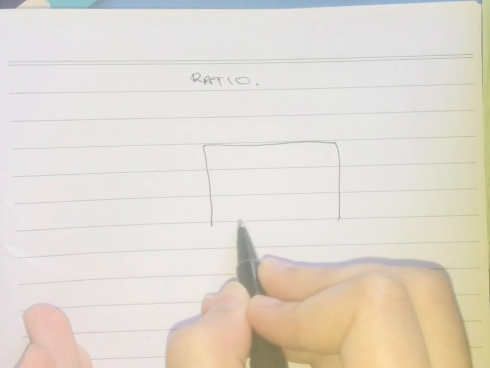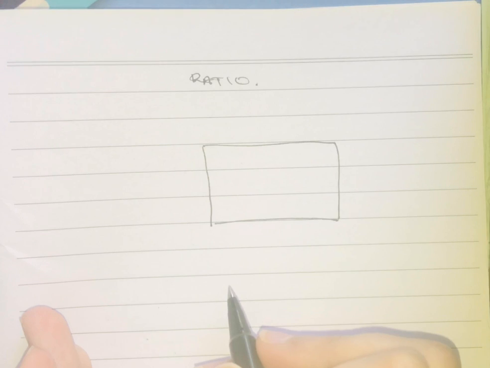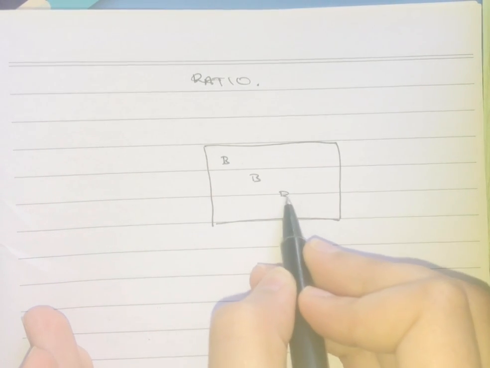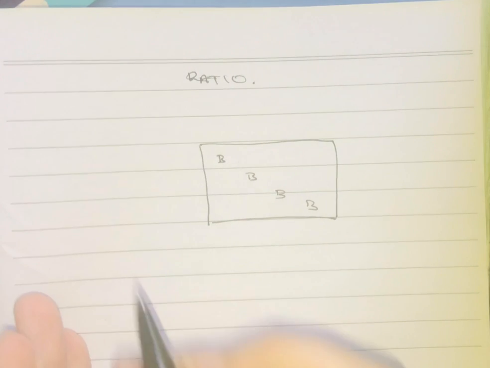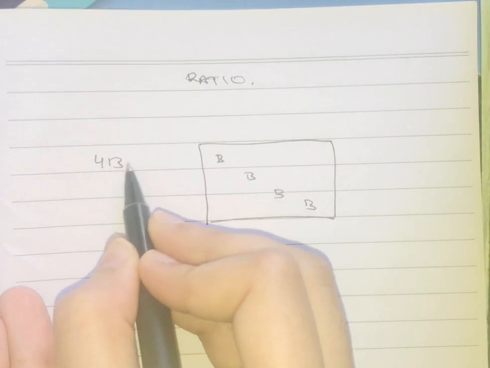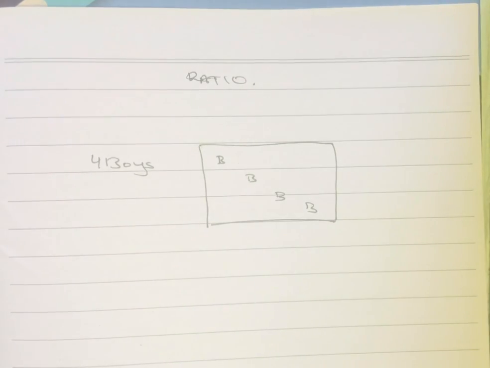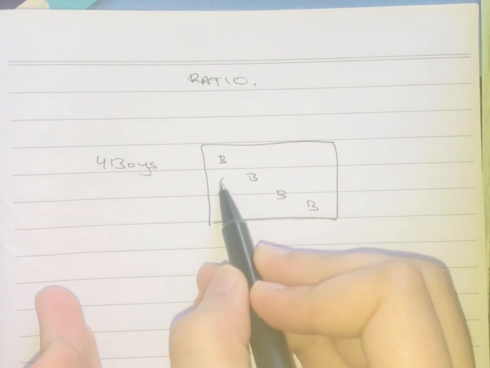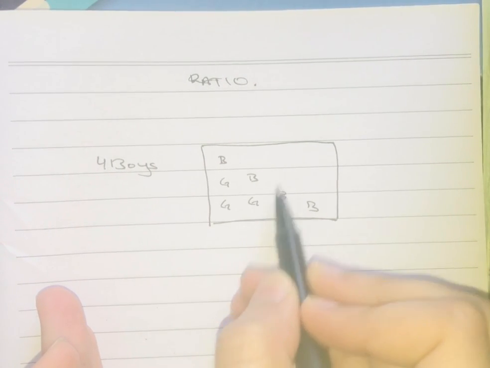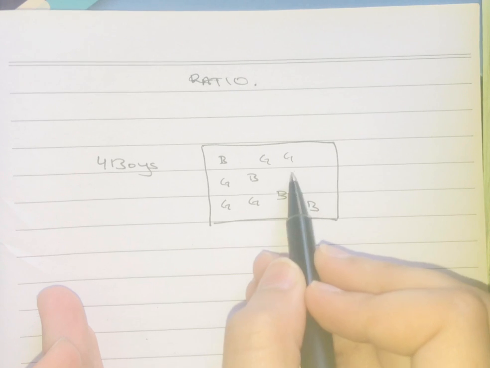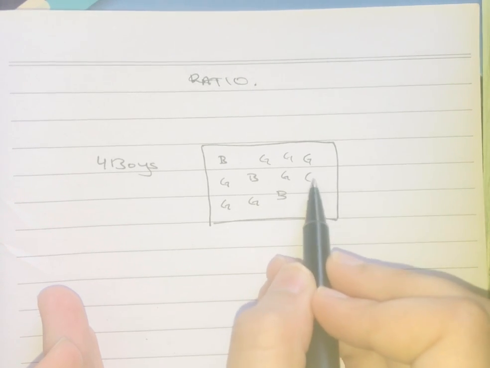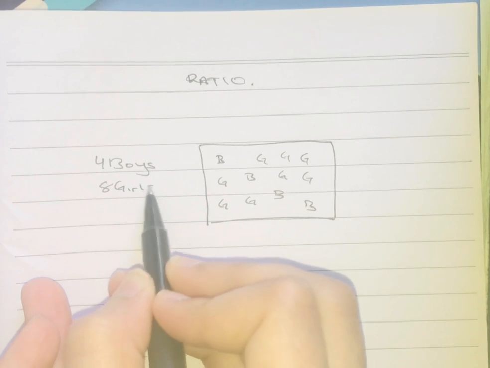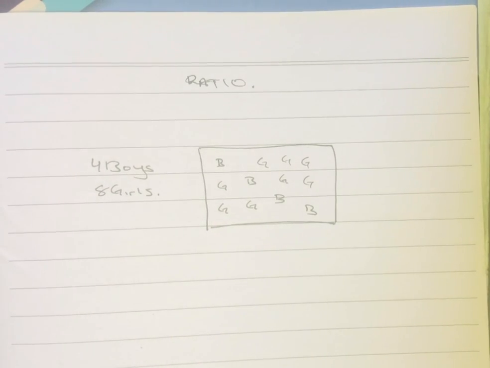I know it's a weird classroom, but in that classroom you have one, two, three, four boys. I don't know how to draw boys, so I'm just going to put a B for you to know. And then you have one, two, three, four, five, six, seven, eight girls.